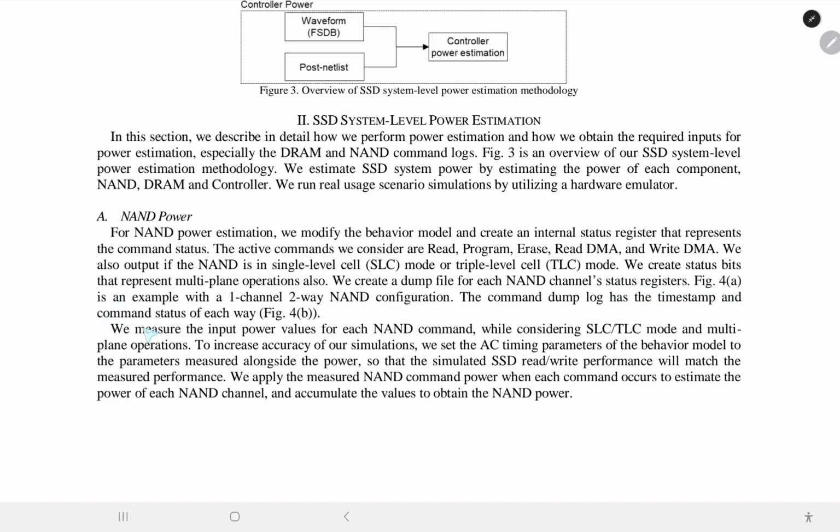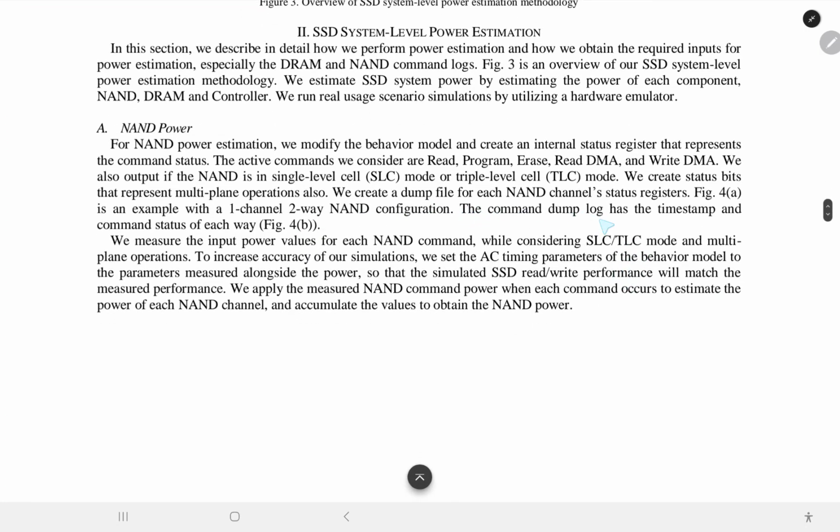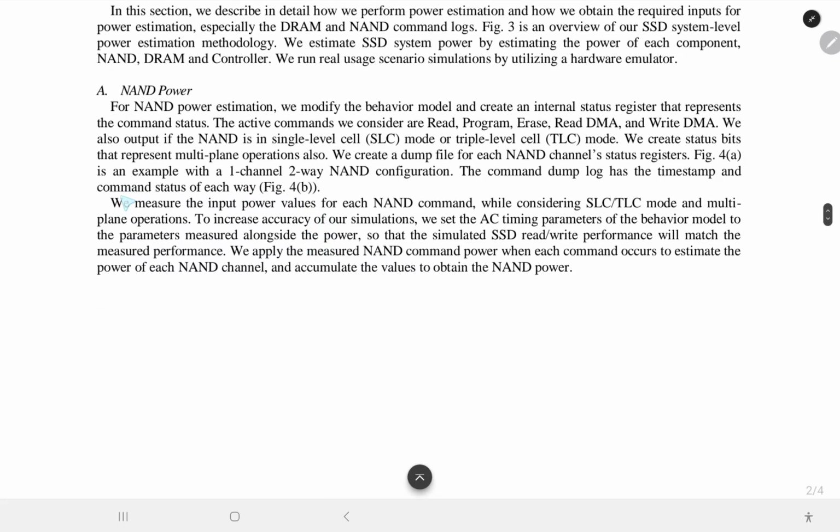Figure 4a is an example of a one-channel two-way NAND configuration. The command dump log has a timestamp and the command status of each way. We measure the input power value for each NAND command while considering SLC and TLC mode and multiplane operation.